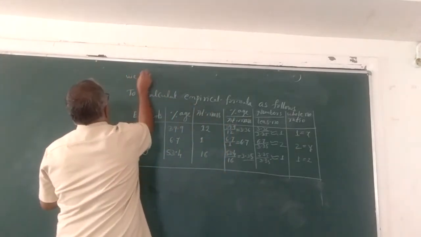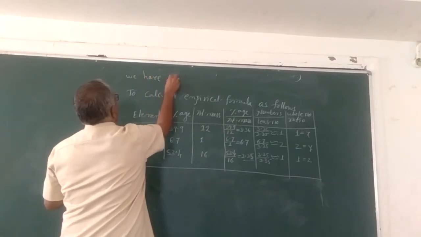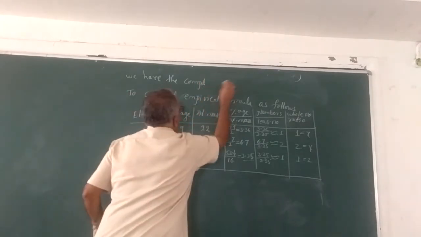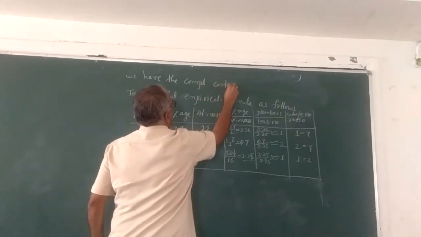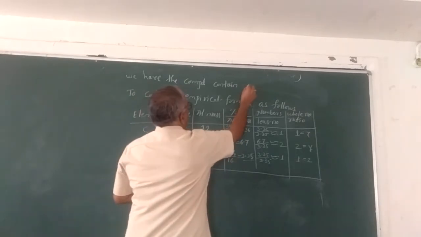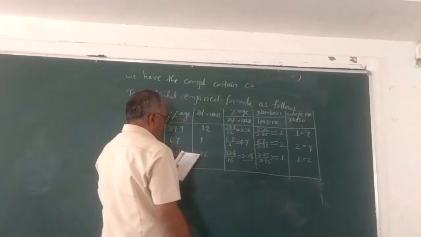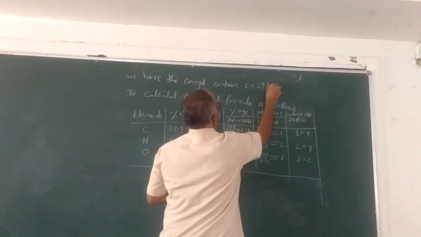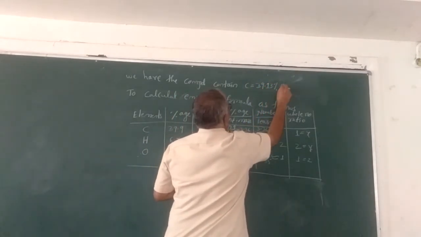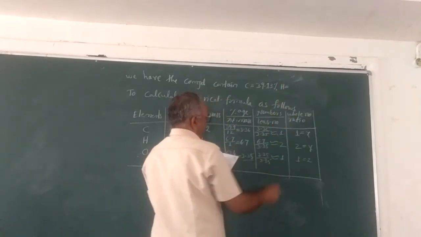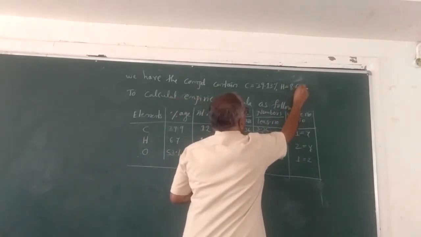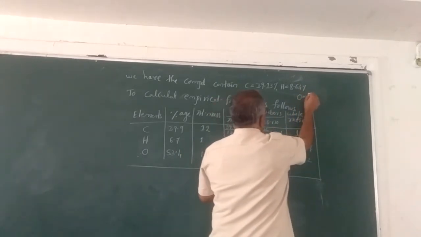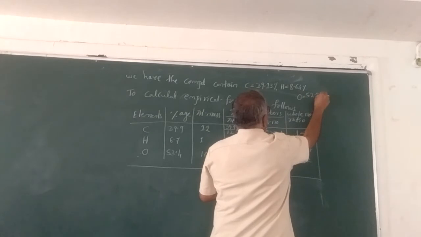We have the compound contains carbon is 39.13%, hydrogen is 8.64% and oxygen is 52.53%.